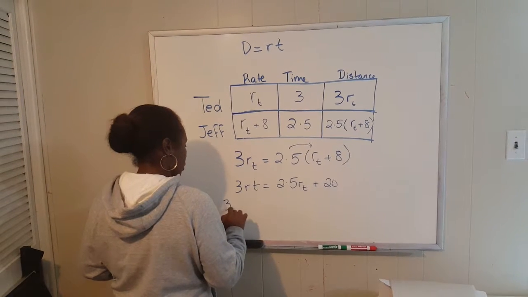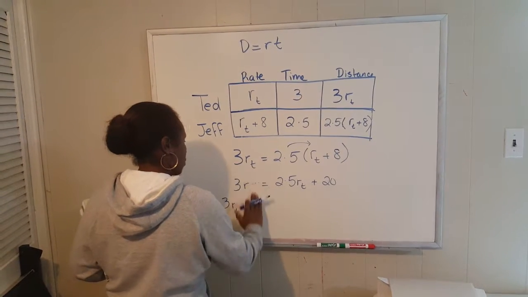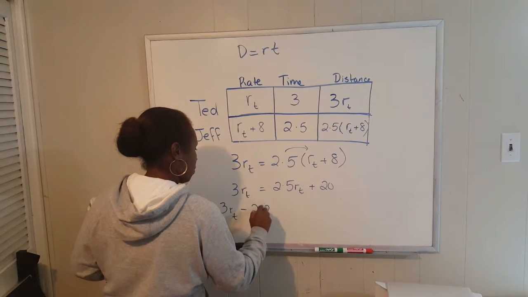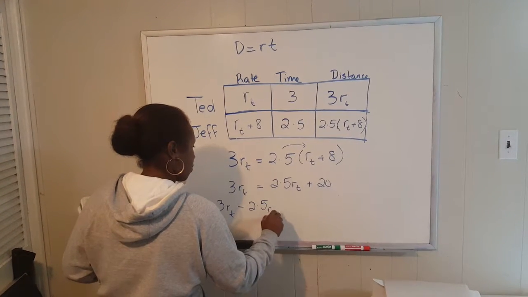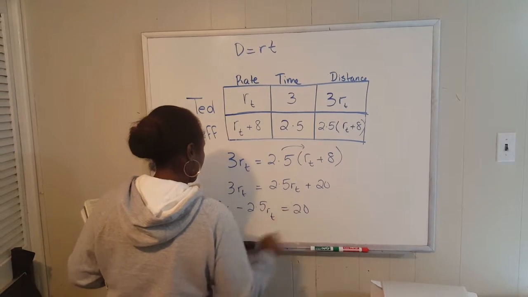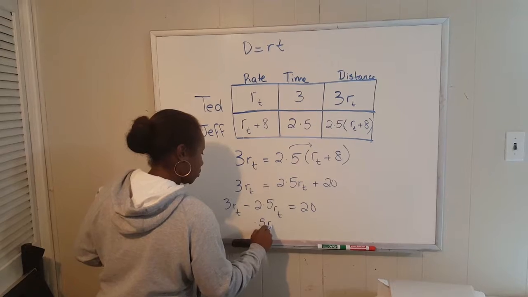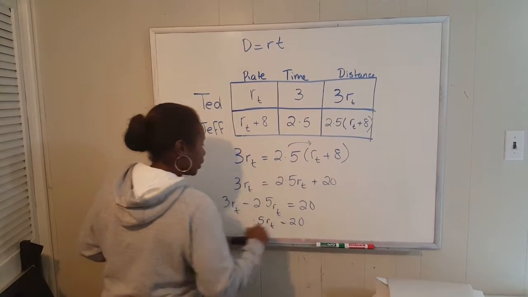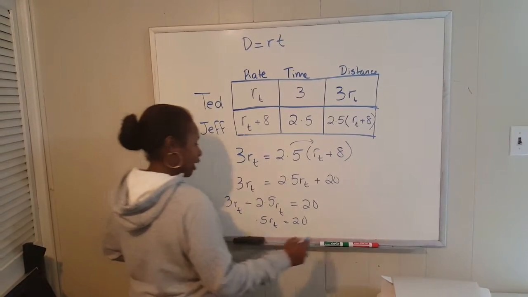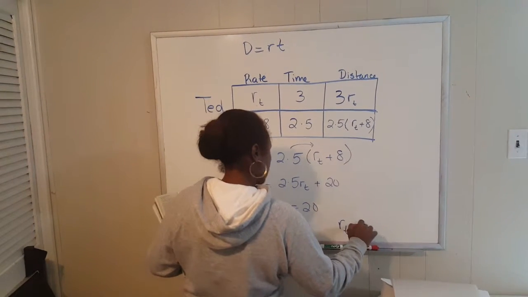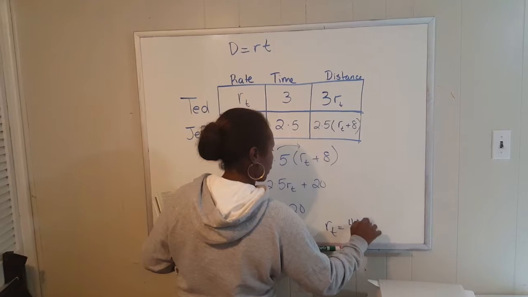So the rate here, 0.5 RT equals 20. The rate at which Ted is traveling, if you solve for RT, is 40 miles per hour.